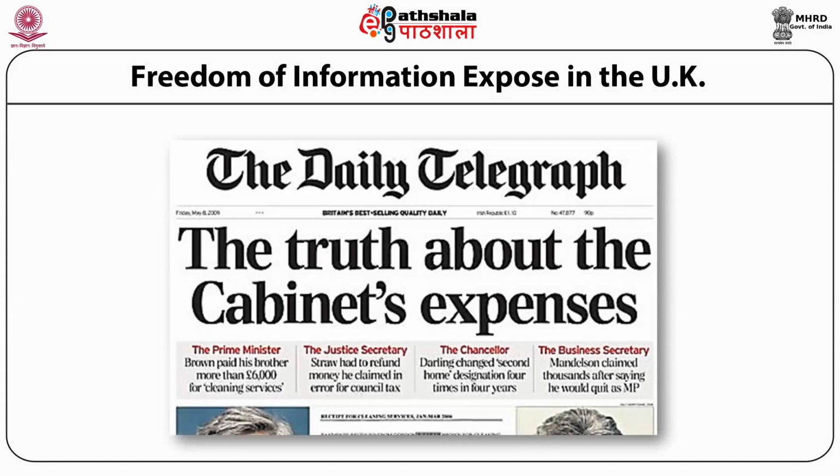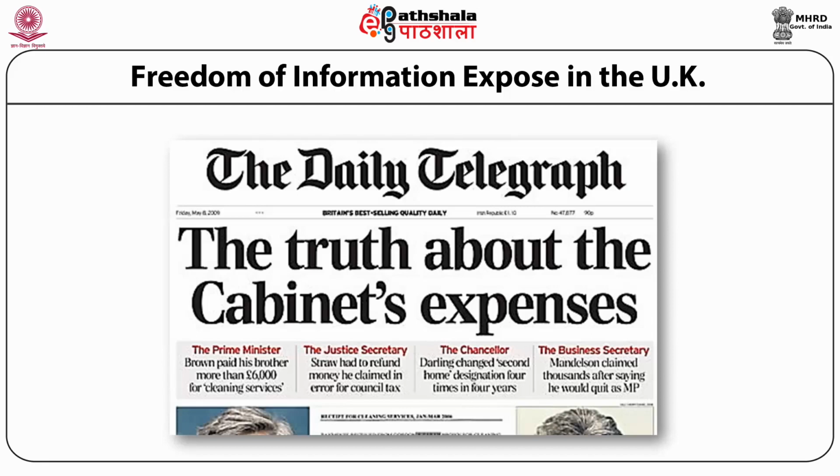Here, you're looking at an exposé by the Daily Telegraph in the United Kingdom in 2009, which made big news in the UK that year. The Daily Telegraph ran a headline, and you can see it there, "The Truth About the Cabinet's Expenses." It disclosed frivolous expenditure that members of the cabinet were undertaking on the public dime, basically on government money.